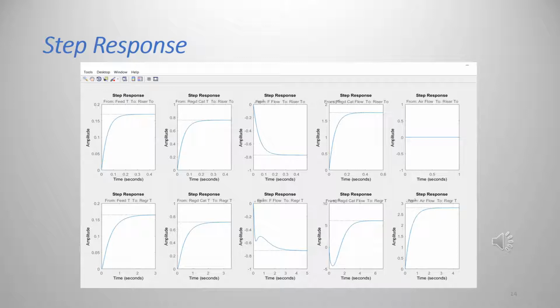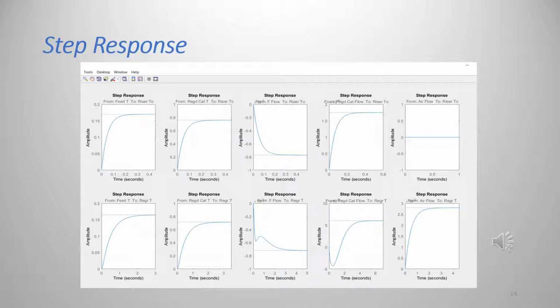So at first you see a drop in temperature and then it goes back up into the positive range. The reason for that is that two physical phenomena are acting against each other.